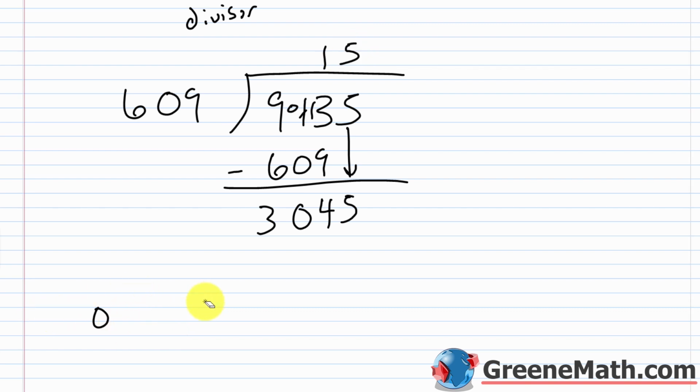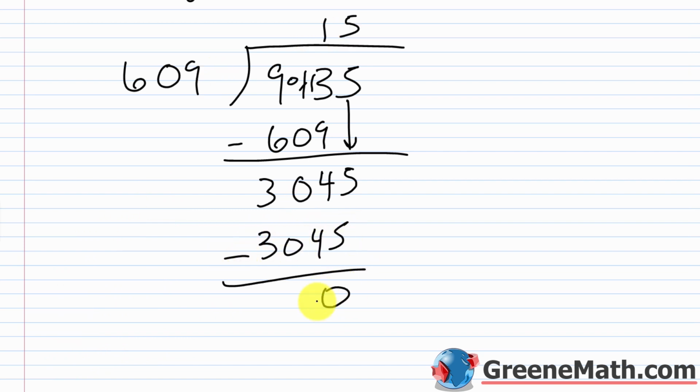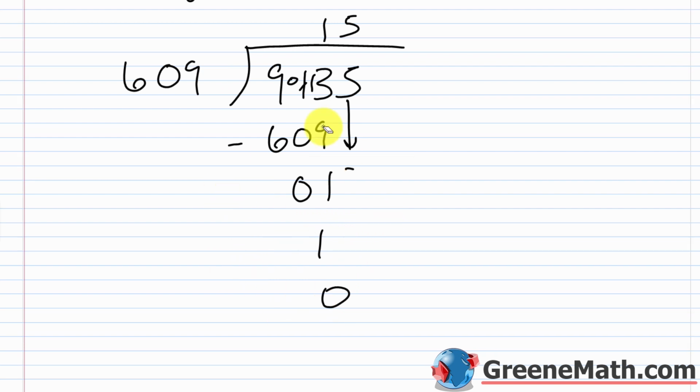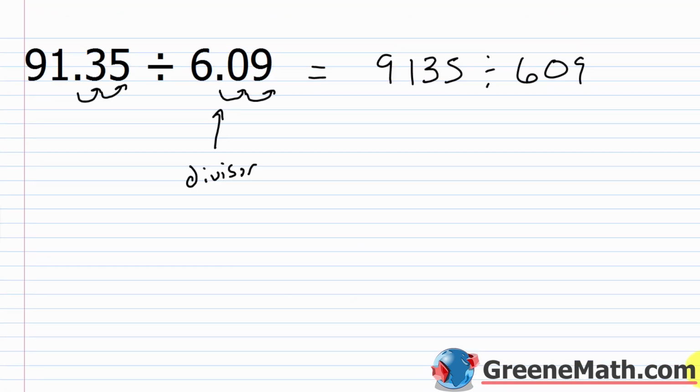Right? 5 times 609 is going to give me 3,045. 5 times 9 is 45. 5 down, carry the 4. 5 times 0 is 0, plus 4 is 4. 5 times 6 is 30. So again, 5 times 609 is 3,045. Subtracting gets 0. So your answer here is just 15. So let me erase this and we'll scroll up and write that down. That our answer is going to be 15.